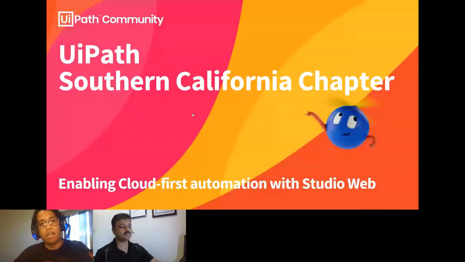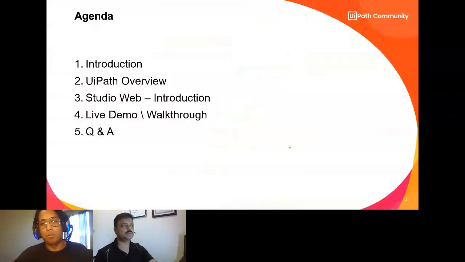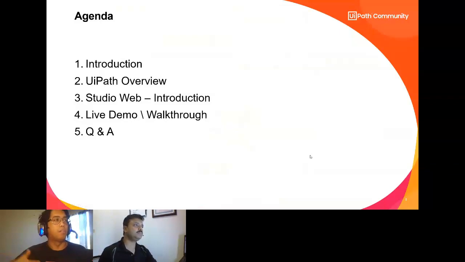The agenda for this session will start with some introduction: what is our goal for this community chapter, and a quick refresher of the UiPath end-to-end platform, for the benefit of others who are not that aware of UiPath, or who may have awareness of RPA in general, but do not have that familiarity with the overall UiPath platform.